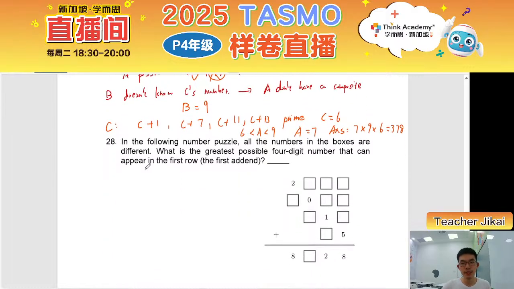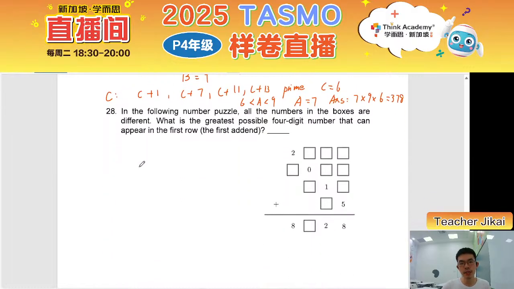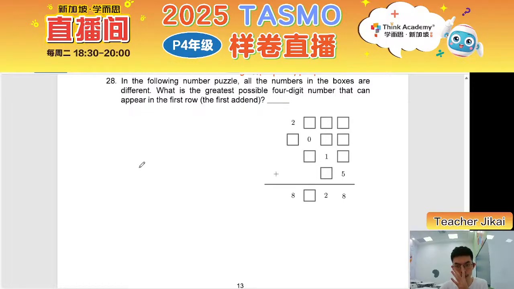Alright, this one. In the following number puzzle, all the numbers in the boxes are different. And what is the greatest? Okay, for this one, you need to know one thing: when we add different addition numbers for one equation and have a sum of another equation, the digit sum of them, when we mod 9, is always the same, right?